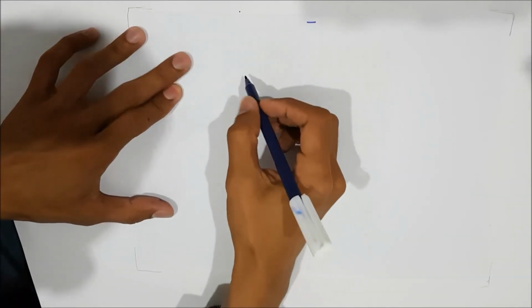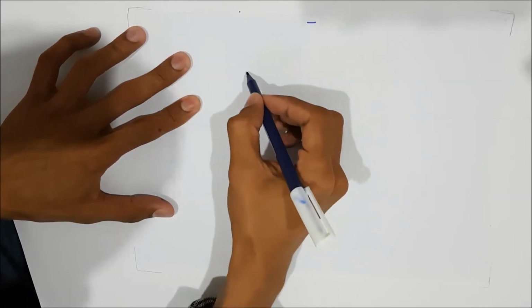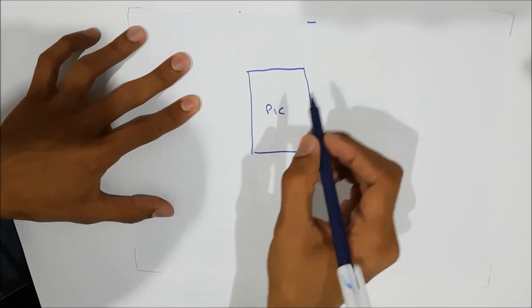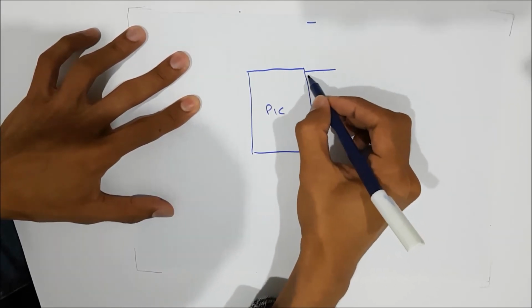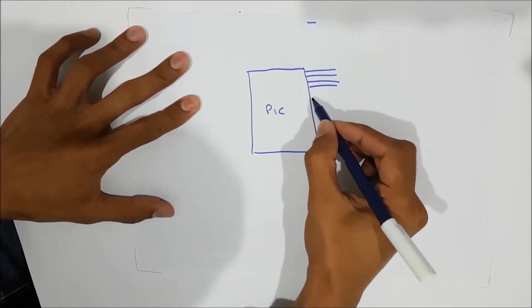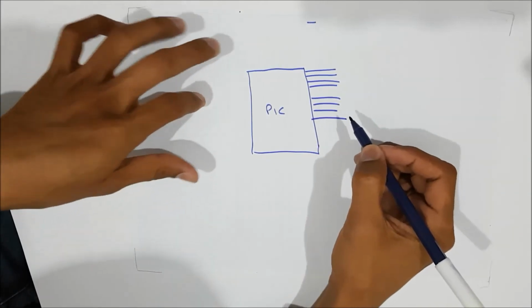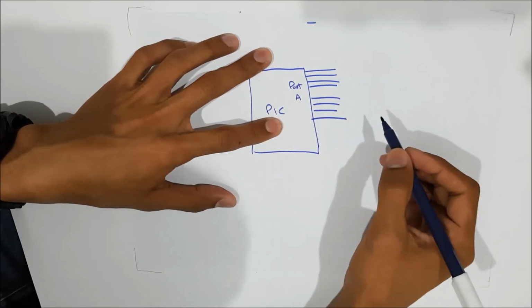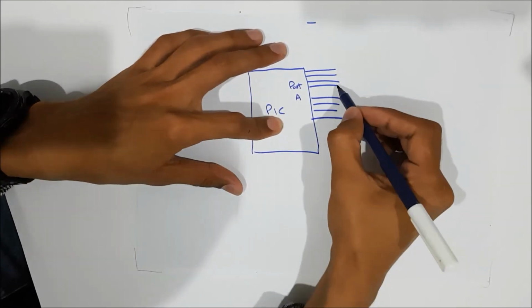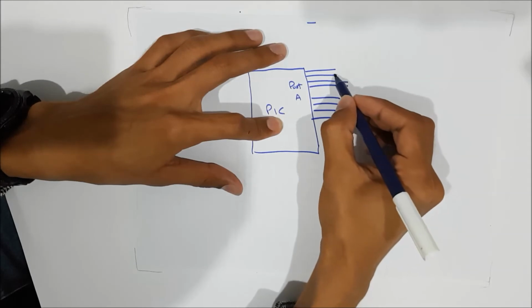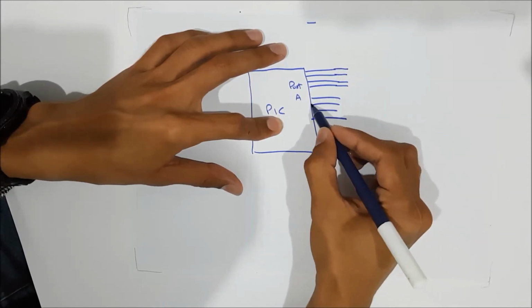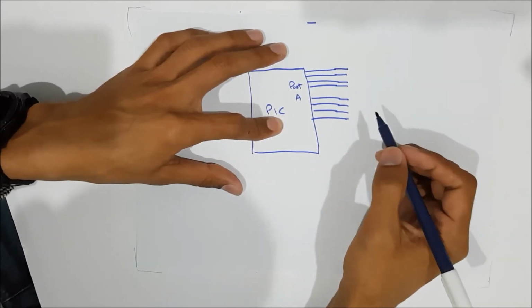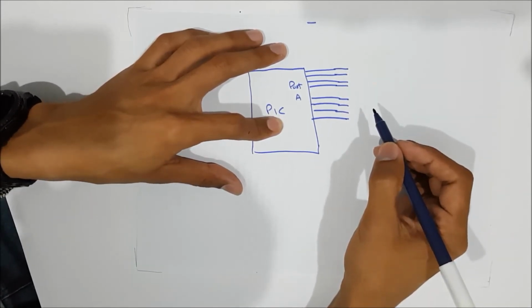Okay, so let's see, this is our PIC microcontroller. Then this is our 1, 2, 3, 4, 5, 6, 7, 8. This is our port A, an 8-bit port. Here, if we use BCD numbers, they are all 4-bit numbers and they will count from 0 to 9.